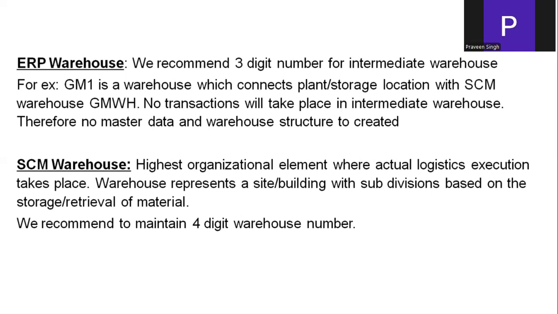Coming to the supply chain management warehouse, it's the highest organization element, where logistics actually takes place. The warehouse represents a site building with subdivisions, based on storing and retrieving all the material, like I already told you. And we mostly use a four-digit warehouse number for it.